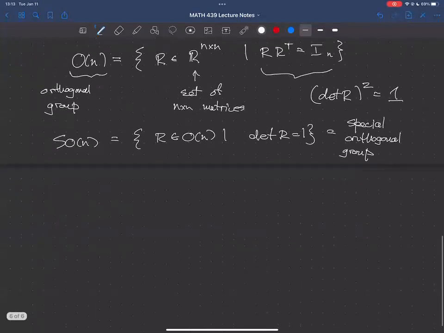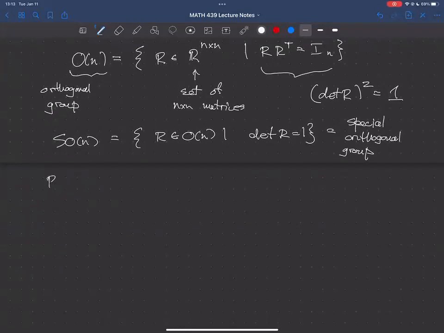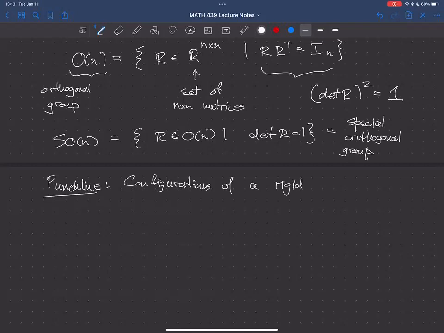And so the big punchline of the lecture today, at least of this last example, is that the configurations of a rigid body fixed at a point are represented by SO3.